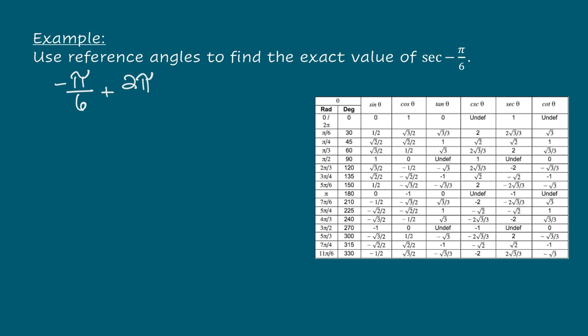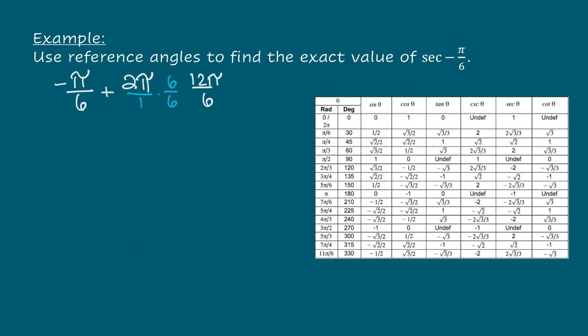I need to have a common denominator, so I'm going to multiply by 6 over 6 in order to have that common denominator that I need. So I'm going to have 12 pi over 6.